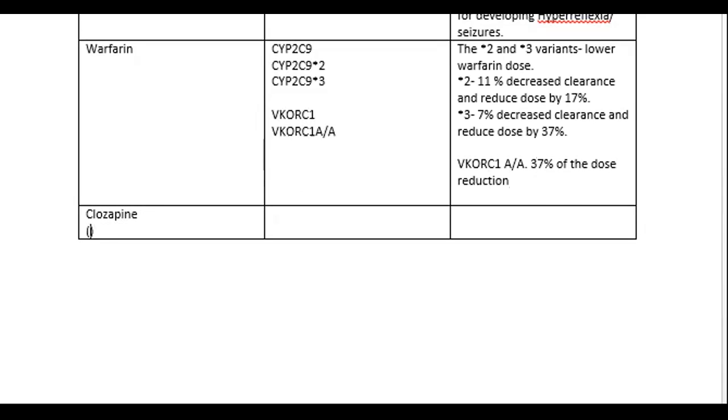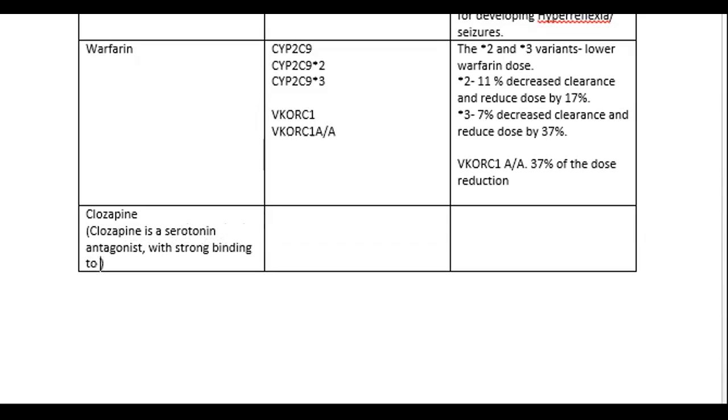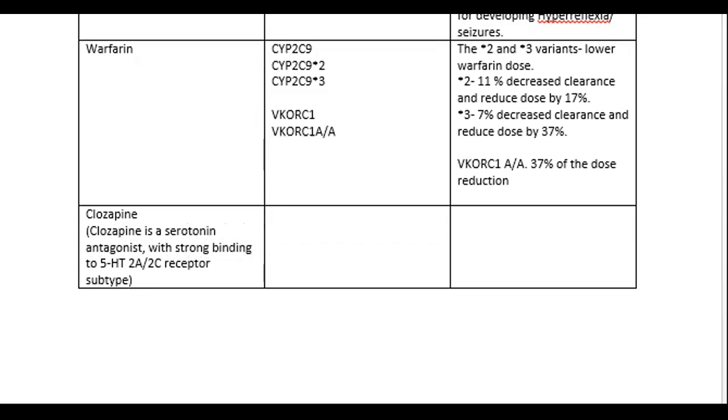This clozapine is a serotonin antagonist with strong binding to 5-hydroxytryptamine 2A 2C receptor subtype, right?